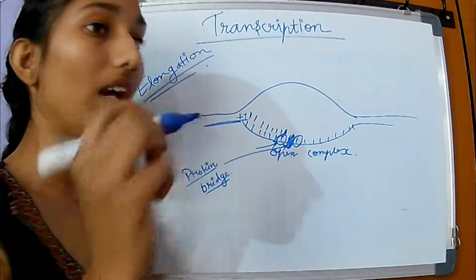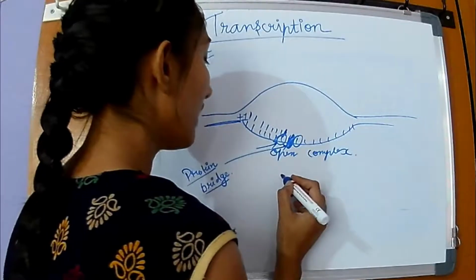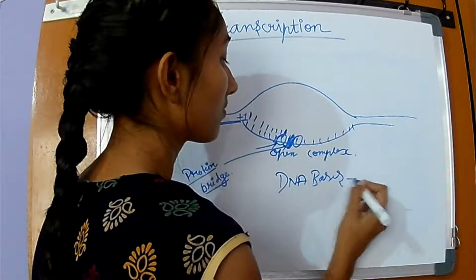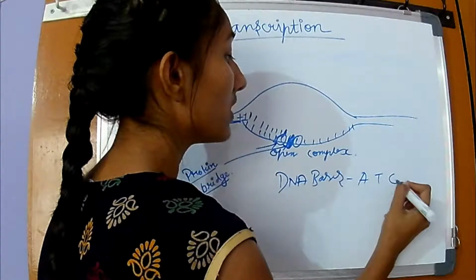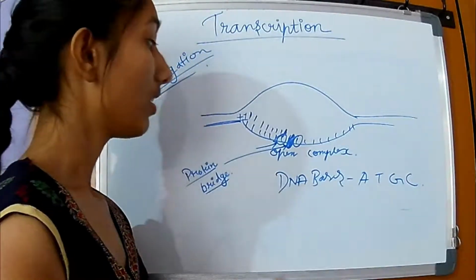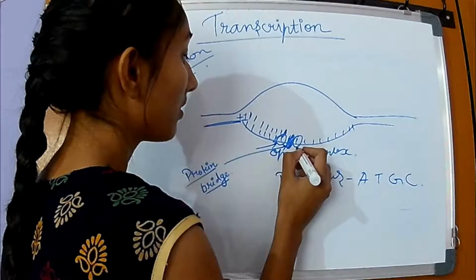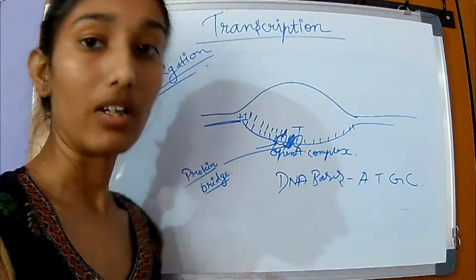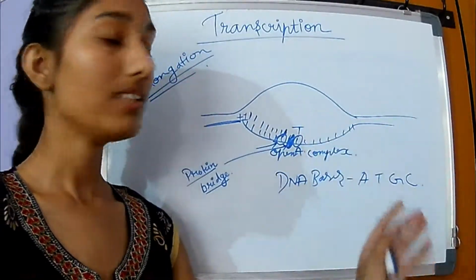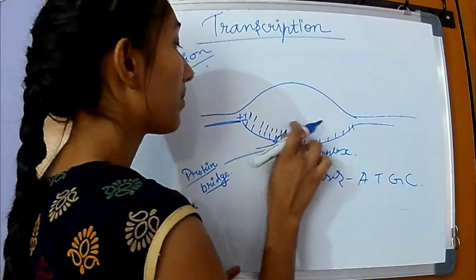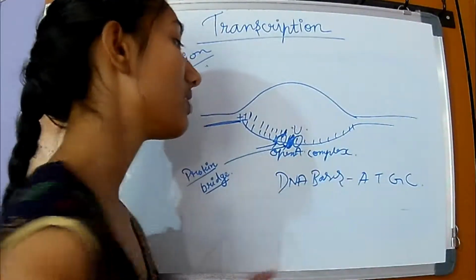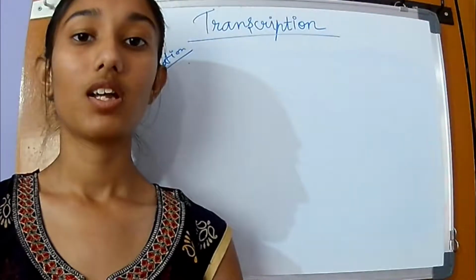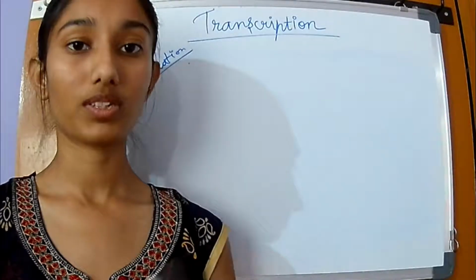Now, as you know, DNA has bases A, T, G, C, but if there is A here, there will not be T here because this is RNA, and hence it is U instead of T.